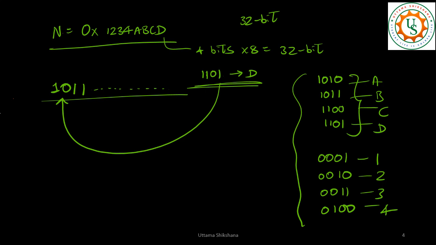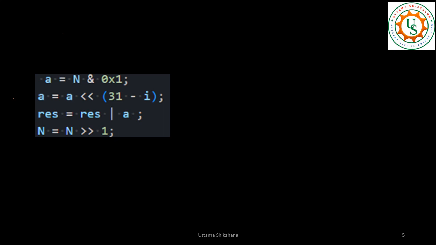First, the brute force method. Let me take the logic. This is n, which I have taken as the 32 bit number. You take the last bit. If you want to take the last bit, you have to perform an AND operation, and then you need to right shift to the 31st place.